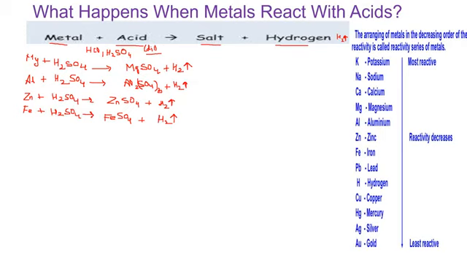Now let's balance the equations. Let's balance the first equation: Mg plus H2SO4 gives MgSO4 plus H2. I think here everything is balanced. Now coming to aluminium: Al plus H2SO4 gives Al2(SO4)3 plus H2. So let's balance it. I'll make it 2Al because here it is 2, right? And then 3 I have to put here.